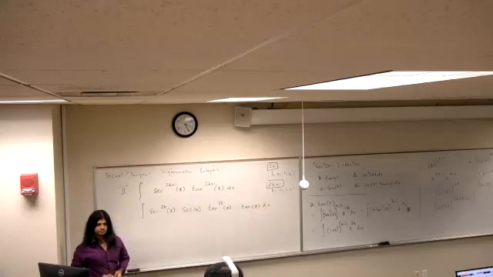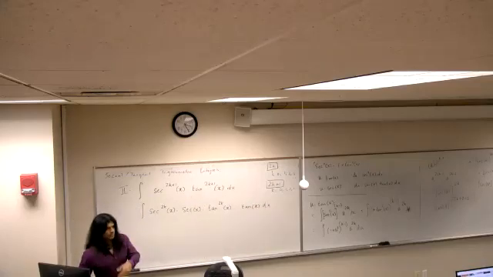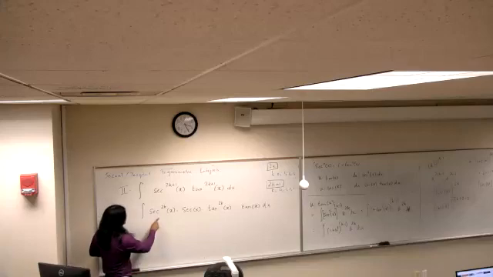Yes? And there are only 2 possibilities for substitution. Either u is tangent x or u is secant x. In this case, what is u? Secant x. So let me rewrite that this way.